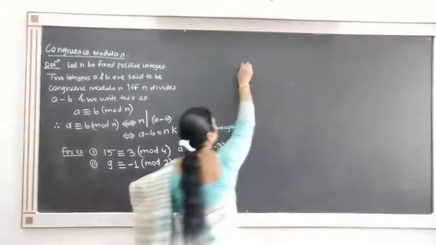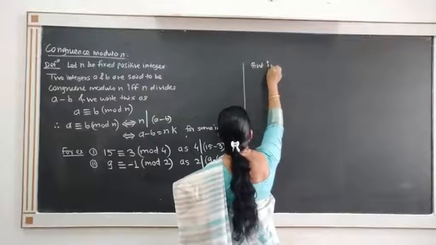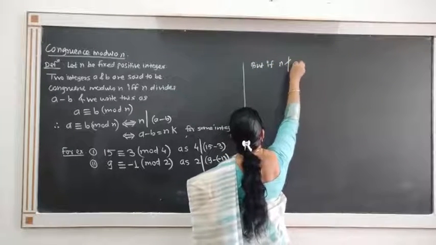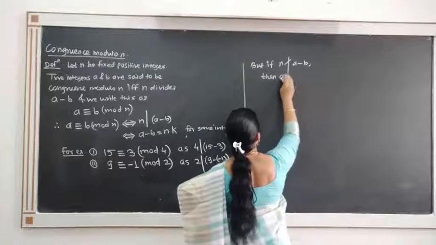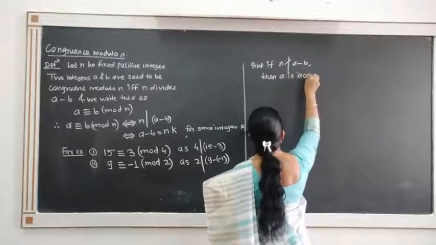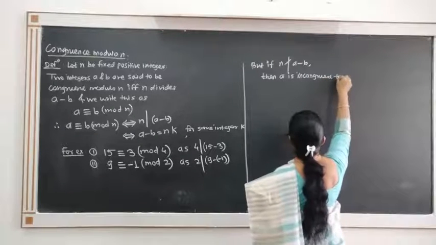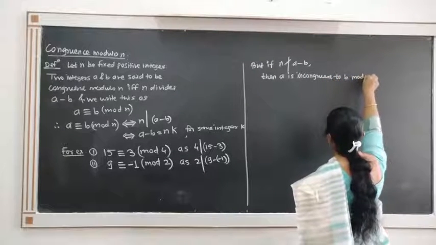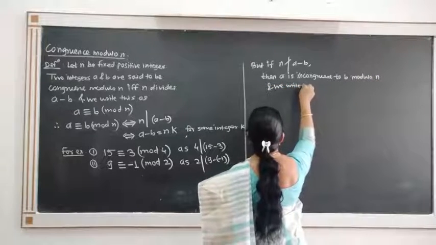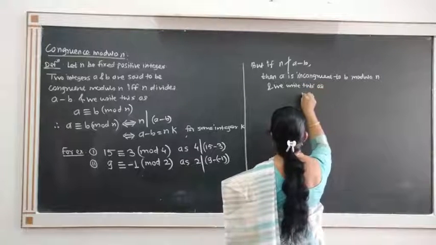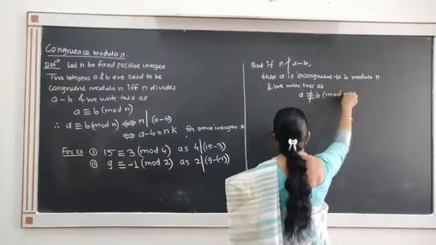But observe that if n does not divide a minus b, then a is incongruent to b modulo n, and we write this as a is not congruent to b modulo n.